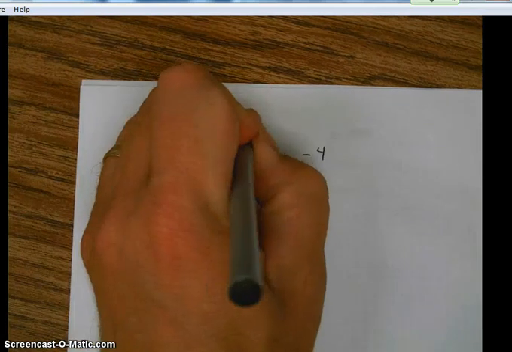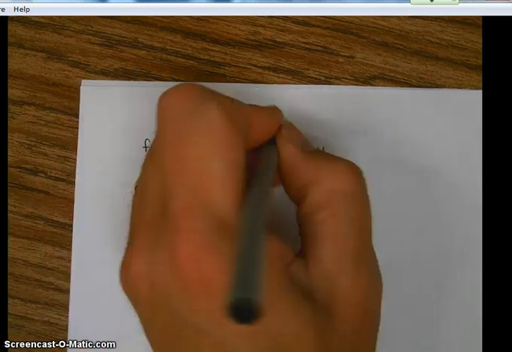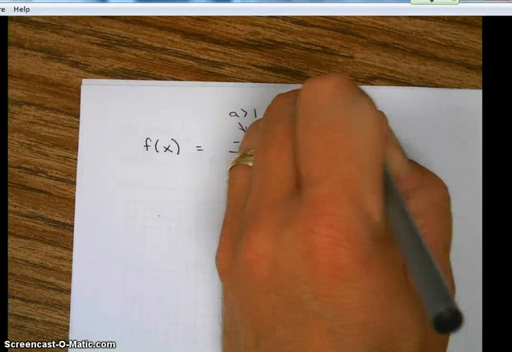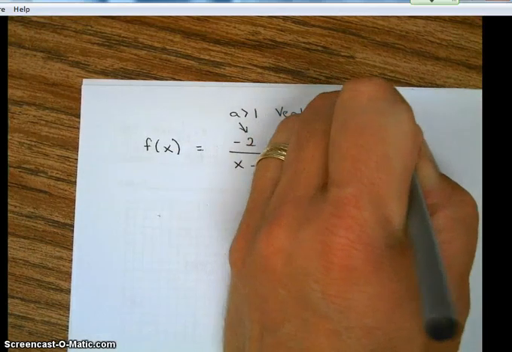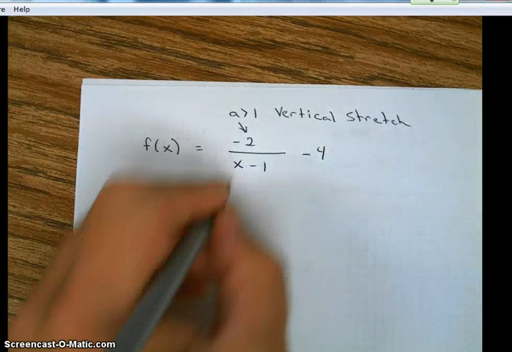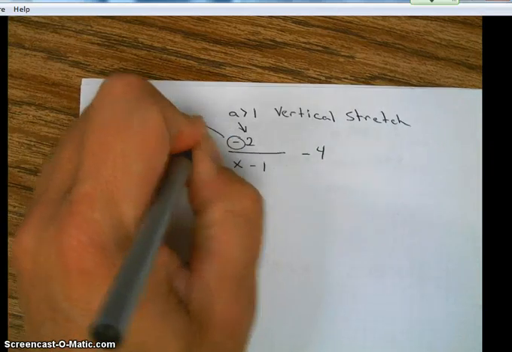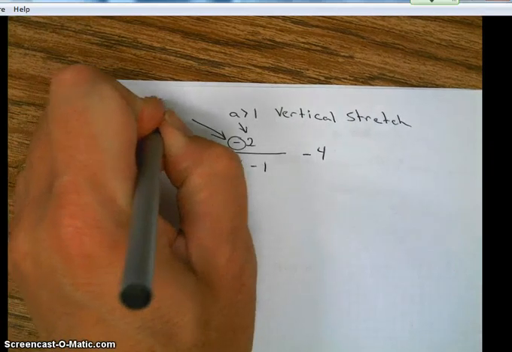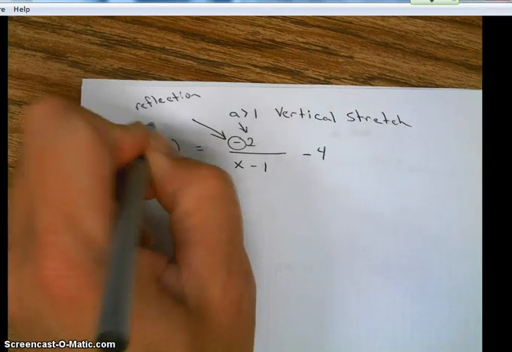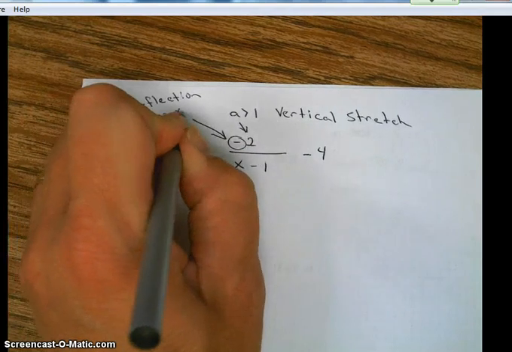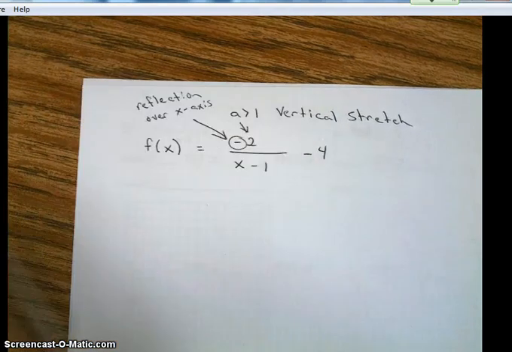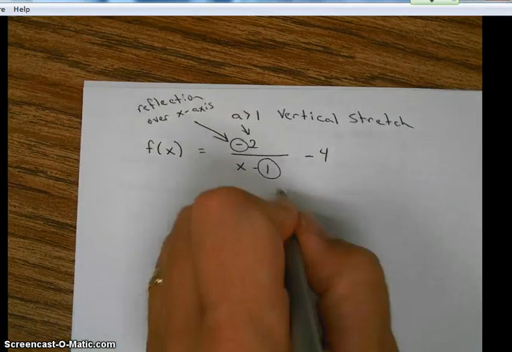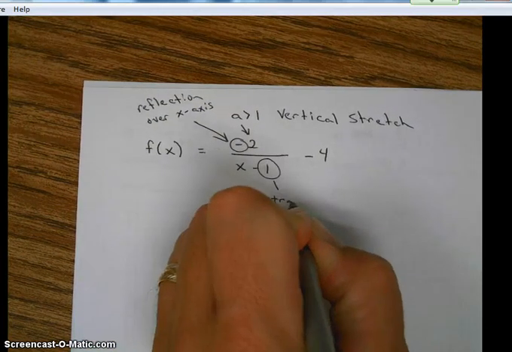It's greater than 1, so remember we have a vertical stretch. The negative means we have a reflection over the x-axis. H value, 1. That's going to be a translation.